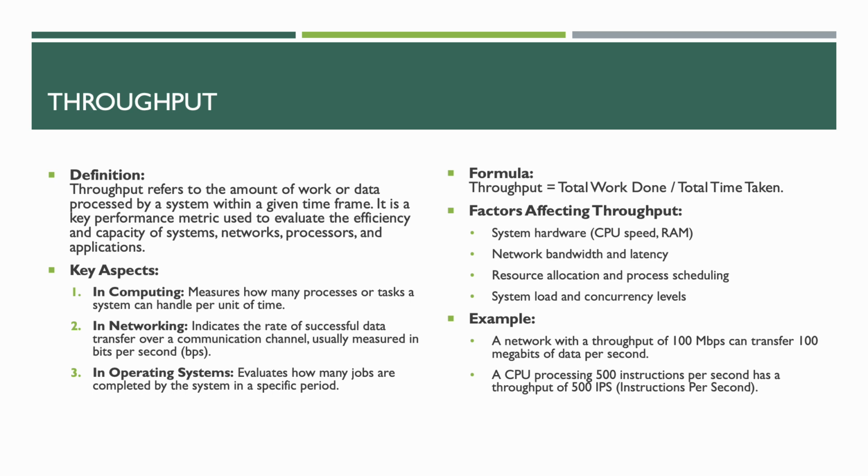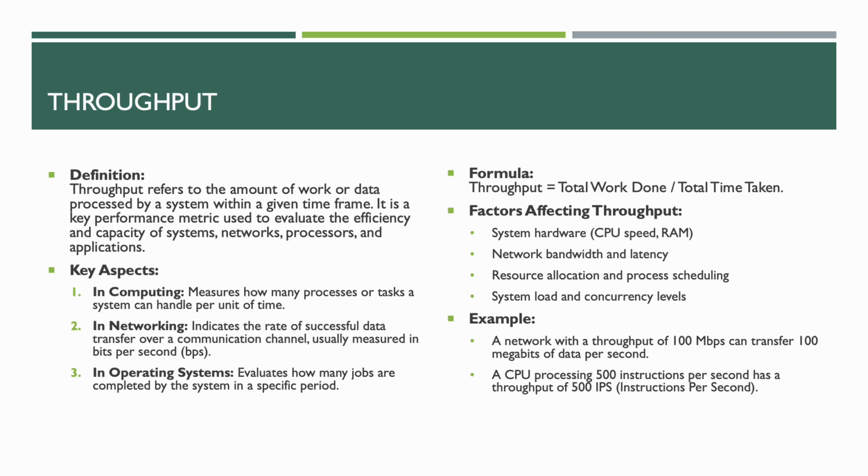Now there are several factors that affect throughput, including system hardware such as CPU speed and RAM, network bandwidth and latency, resource allocation, and system load. For example, a network with a throughput of 100 Mbps can transfer 100 megabytes of data per second.